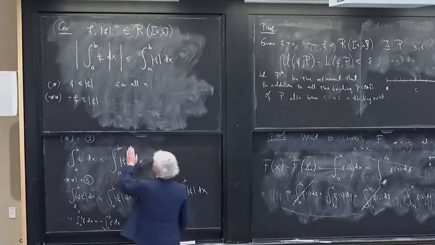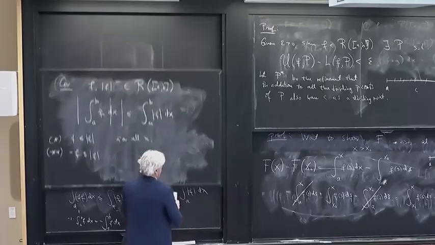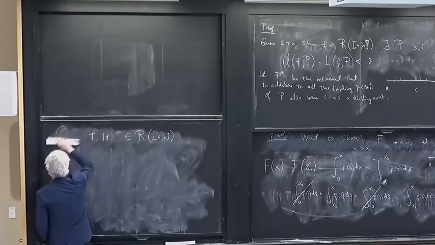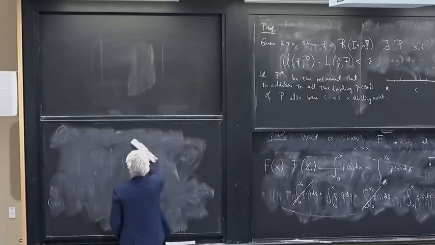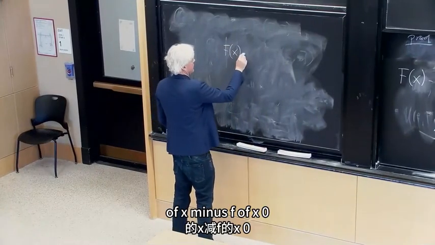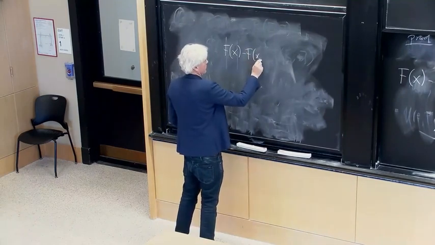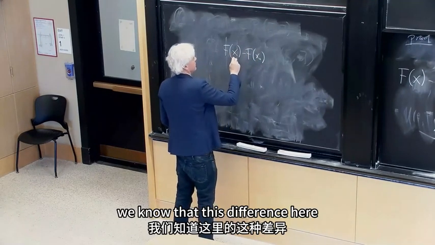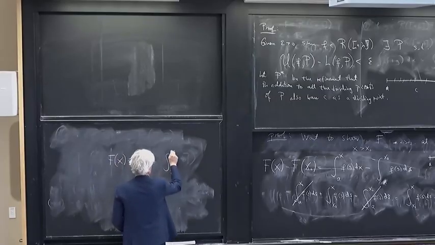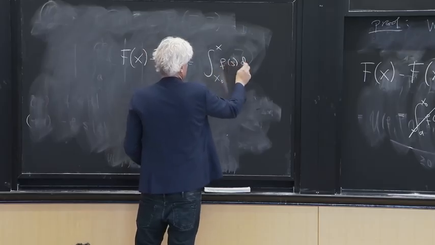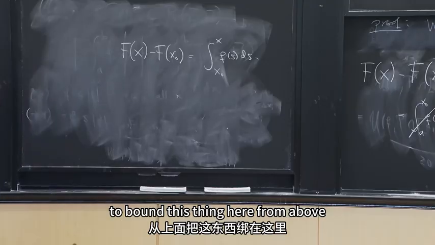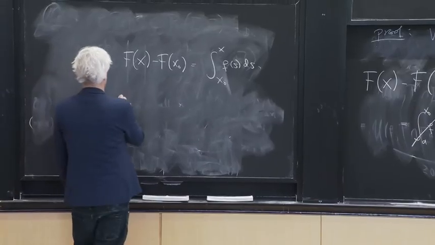So what we have is that the difference F of x minus F of x0 is equal to this integral here. Now, let me use this to bound it from above and from below.